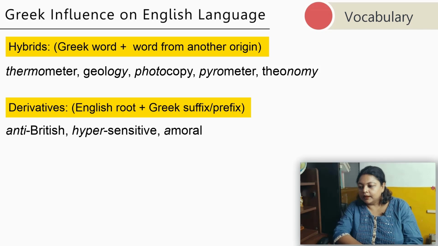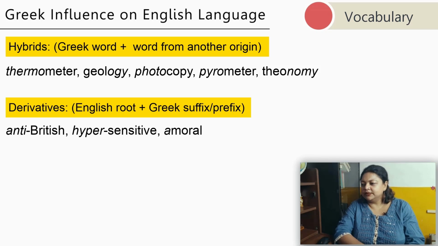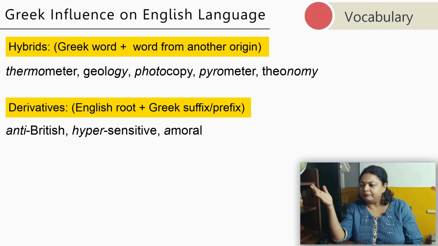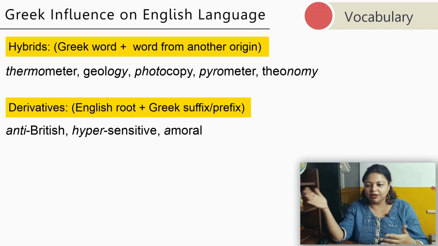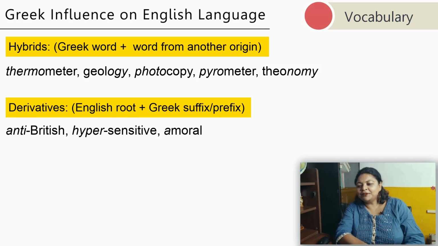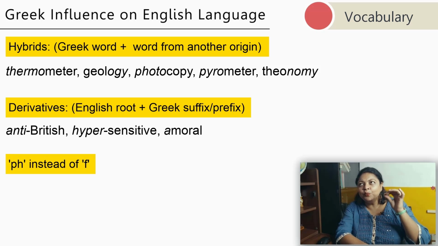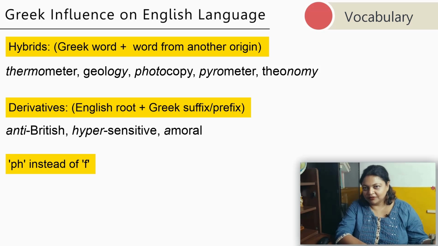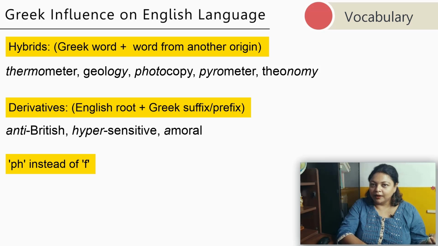All right. We have multiple usages of Greek fragments such as thermo, photo, pyro, right? And you have very large-scale use of suffixes like ology, nomi, and these were used to form new words like geology, thermometer, and sometimes the words will begin with ph, with the pronunciation fa.